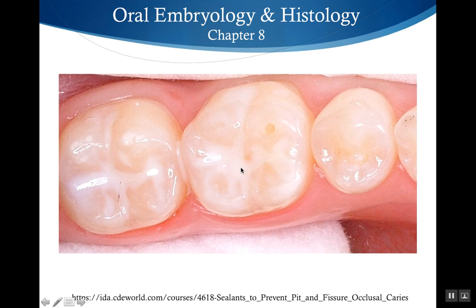Ideally, the sealants would be placed as soon as that premolar and the molar erupt to eliminate the bacteria getting down into those pits and fissures, and you don't want to seal over that. So many times as soon as those teeth are erupted into the mouth, we will clean out those grooves and the pits and then place those sealants to prevent food and bacteria from getting trapped and therefore causing tooth decay.